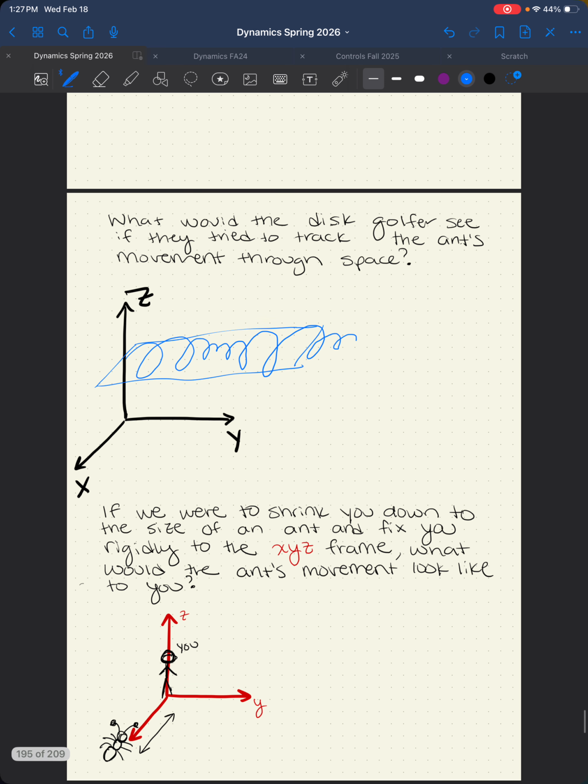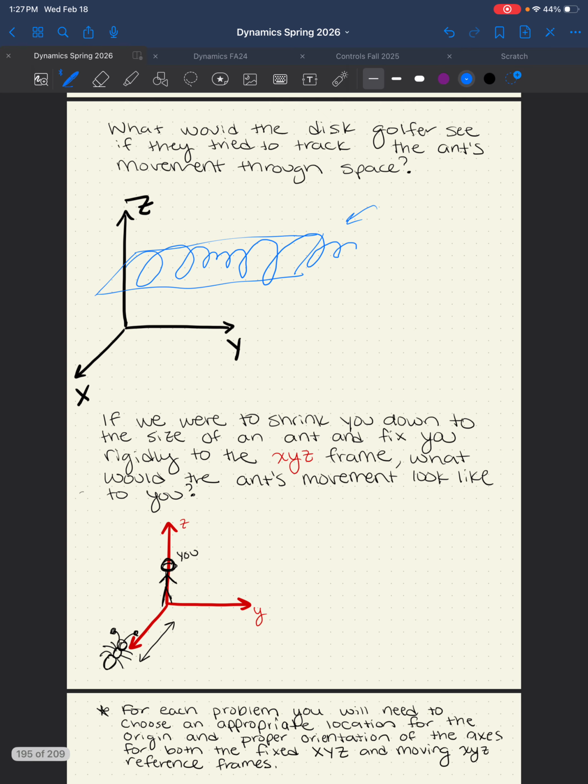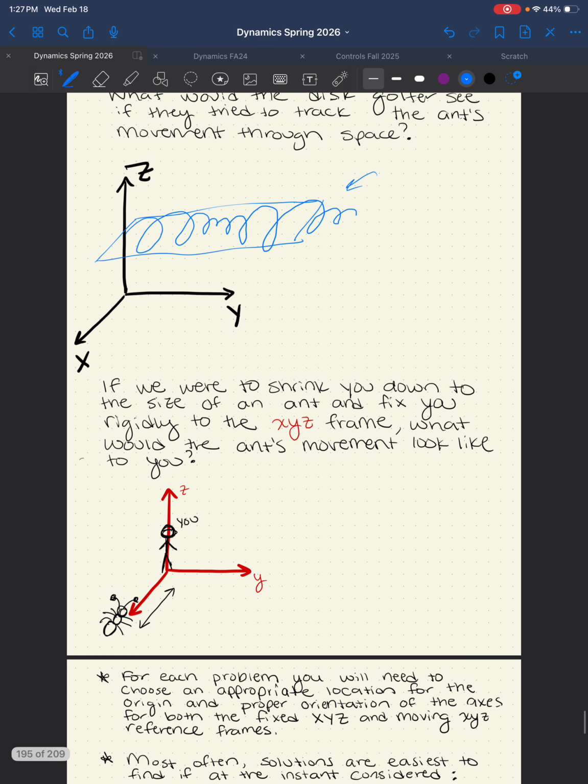So you can see that this is a wild and crazy path to be taking through space, which is not perfectly in any one given coordinate direction, right?